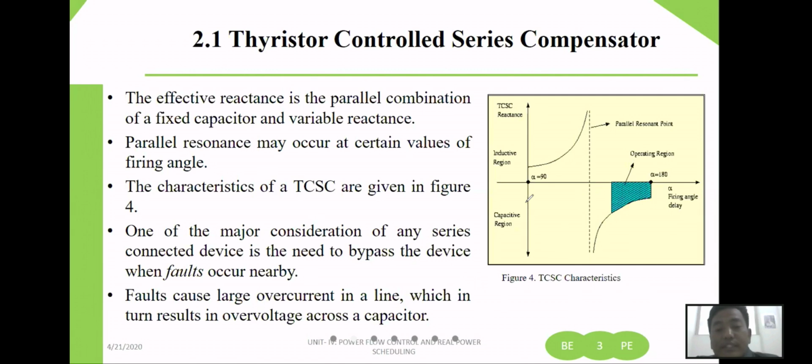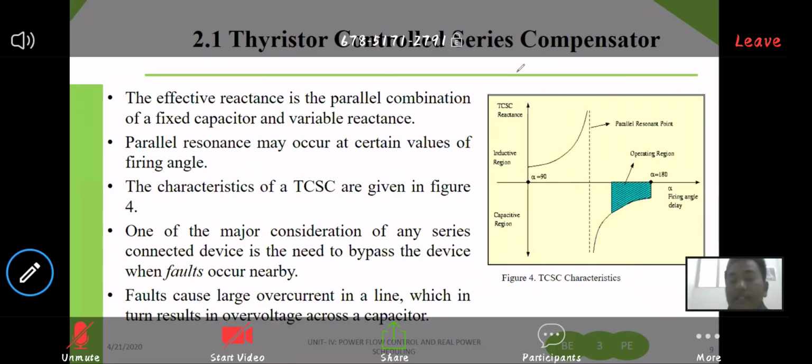So now how to reduce this? Already you have learned that for a circuit involving inductance and capacitance, the resonant frequency Fr is equal to 1 by 2 pi under root of LC. You might have learned how to find this resonant frequency in circuit theory and networks. A similar case is here.